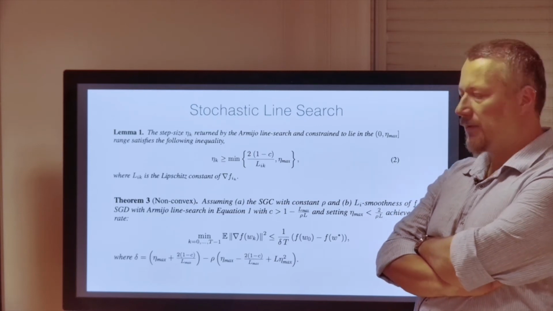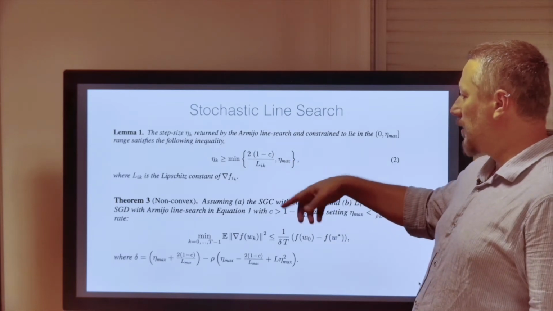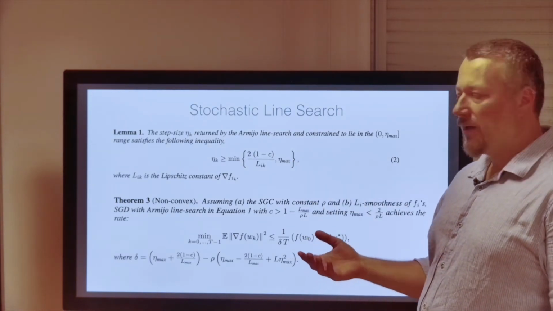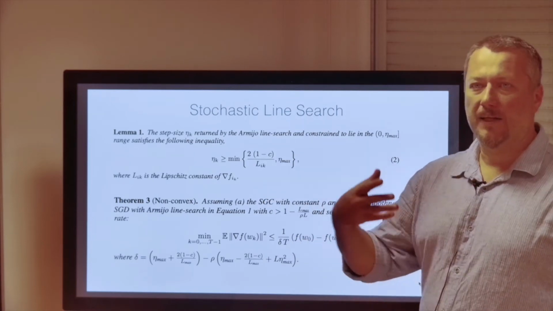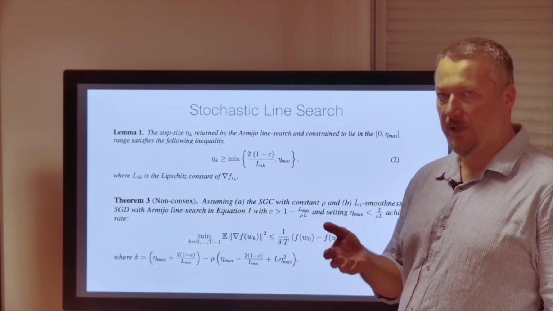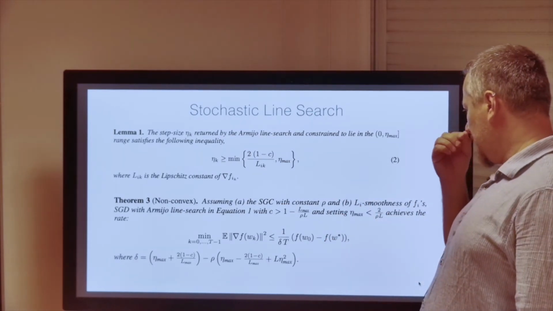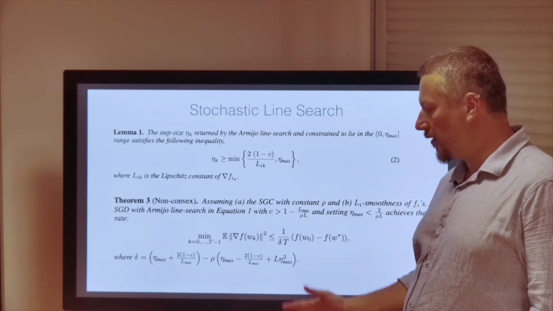Just a little bit of difference because we are changing the step size, but they are bounded by the maximum step size. And you can also bound the steps that you get out of the Armijo line search from below. And then you can come up with a rate like this.